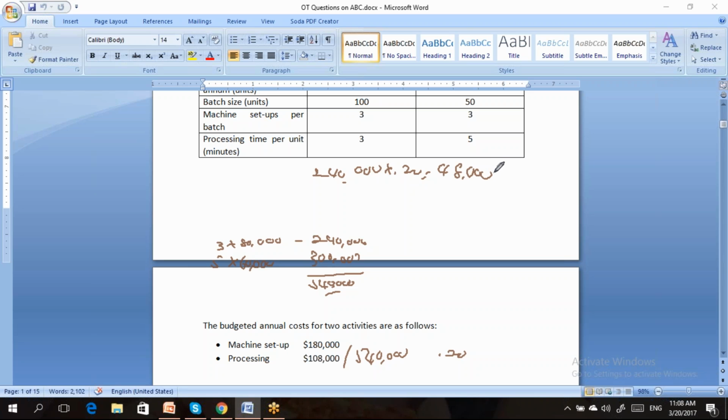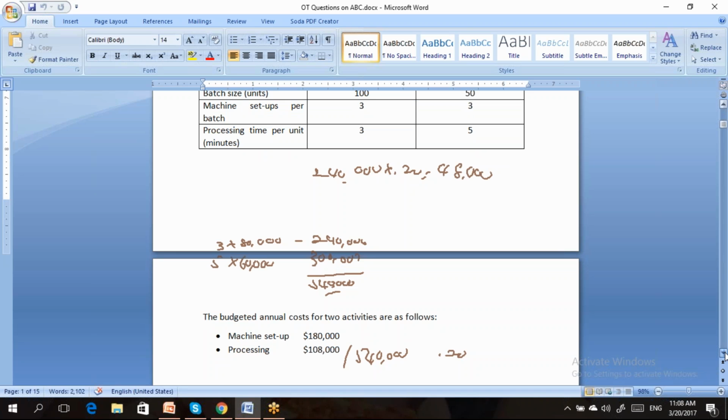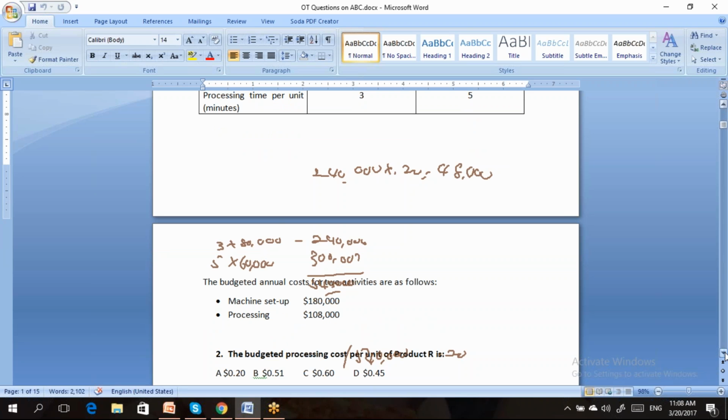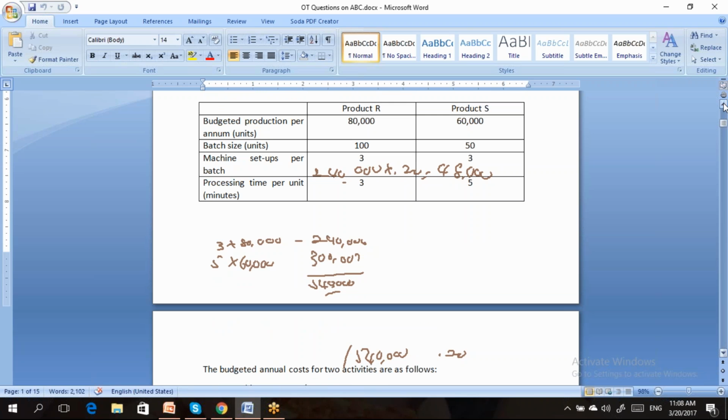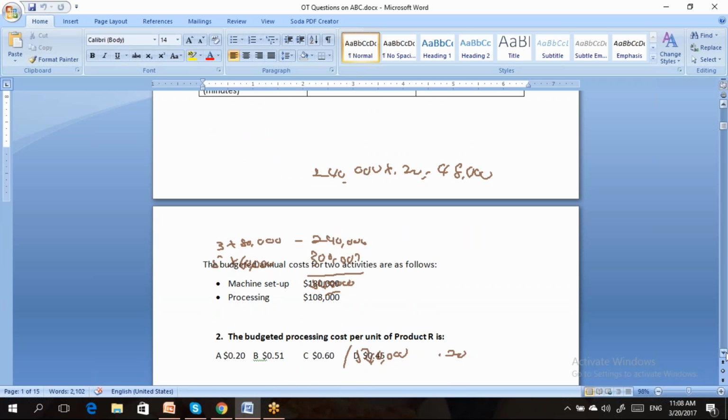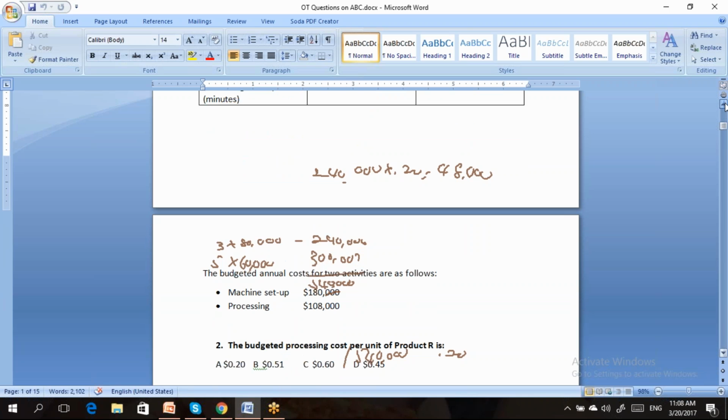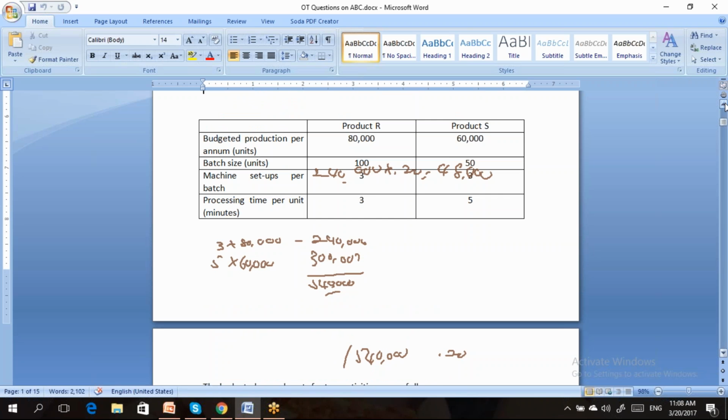48,000. So now what is the question they are asking? It is asking per unit, isn't it? Budgeted cost per unit. So 48,000 is the total processing cost. How many units are being produced? For the 48,000, we are looking at the product R. We are producing 80,000 units, correct?